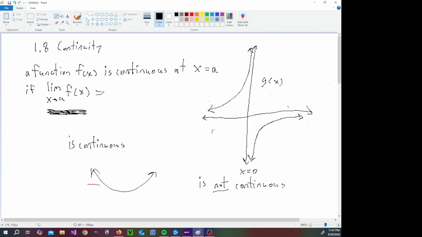If that limit is equal to f of a. So a function is continuous at an x value of a if the limit as x goes to a of f of x is equal to just plugging that number in for the function.